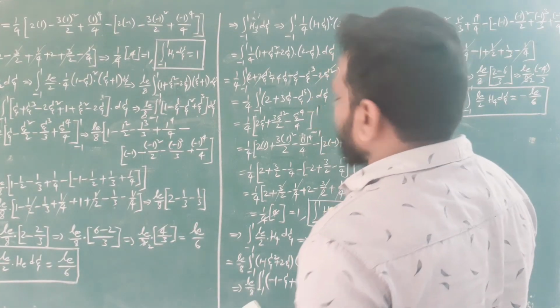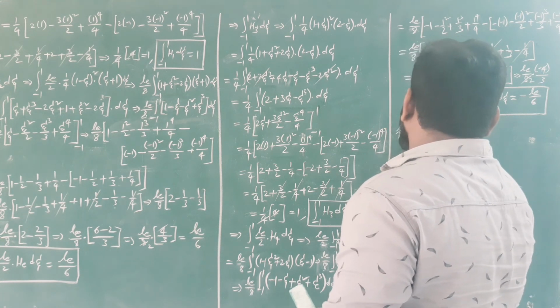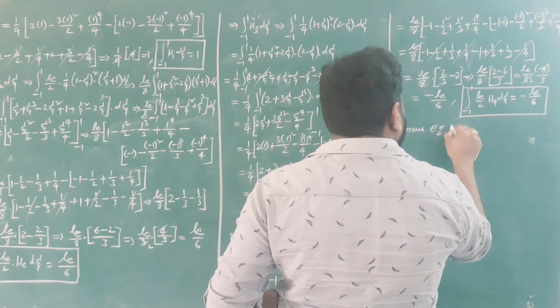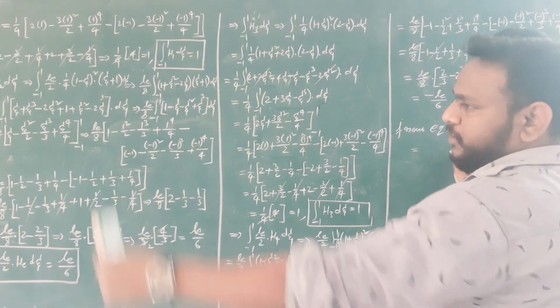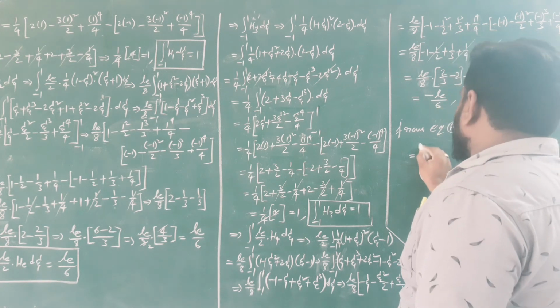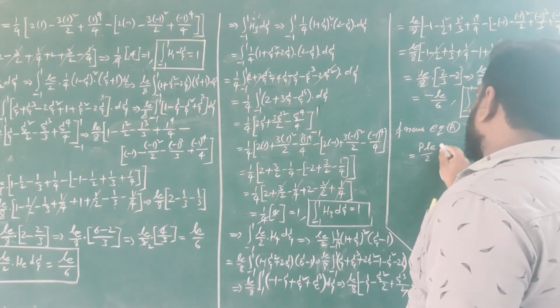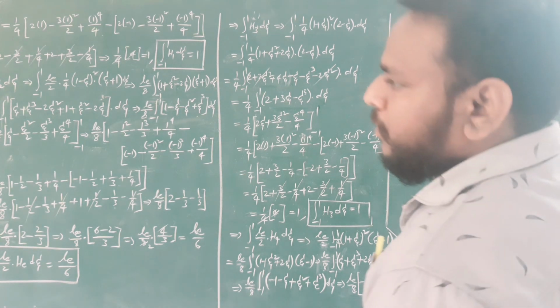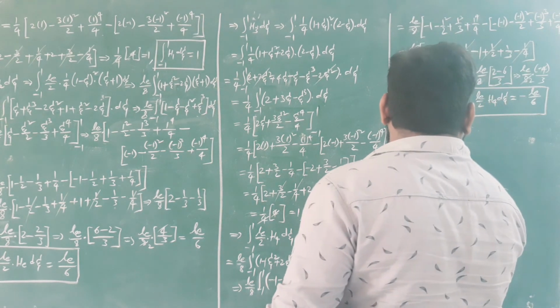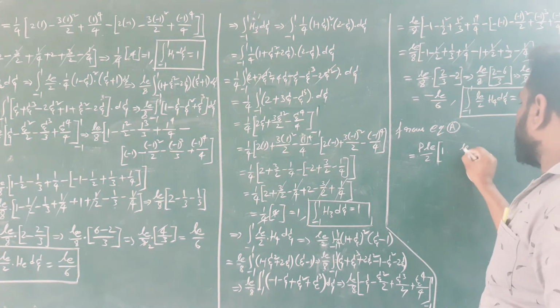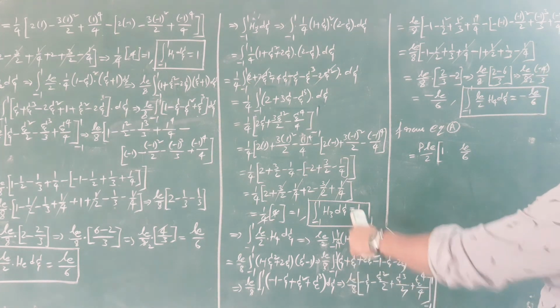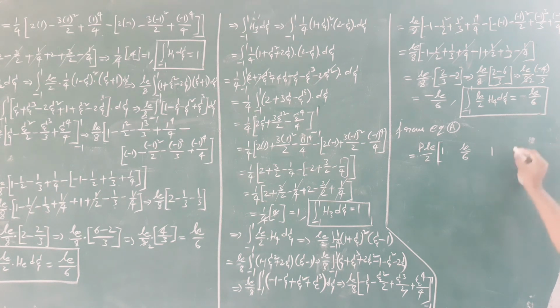So we know the load vector, from equation A, which I initially wrote, is P LE by 2 into the Hermite shape function matrix integrals. The first term gives one value, the second term gives LE by 6, the third term is also 1, and the fourth term is minus LE by 6, into Q transpose.